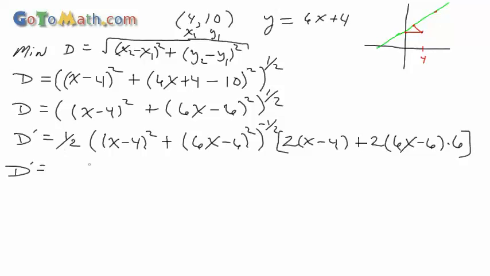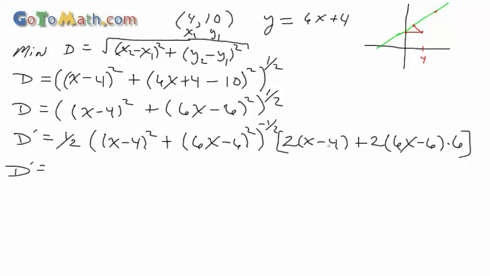This a half right here is going to be multiplied by this and then by this, so it'll be distributed across. But what's a half times 2? 1, and then a half times this 2 here is also 1.